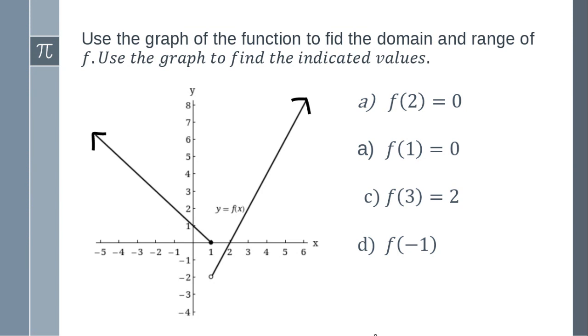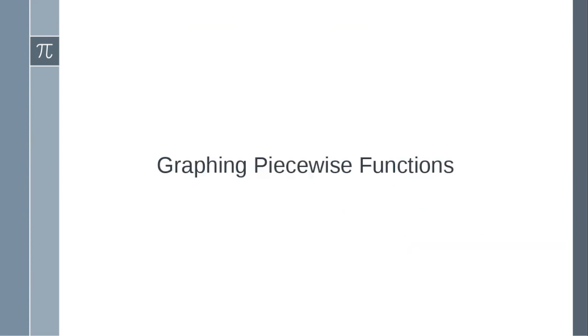Okay, so I'm going to guess it's 2. And yes, again, this is how we evaluate functions graphically. Our function input value is referred to as our x, and we want to find what the y value is according to our graph.